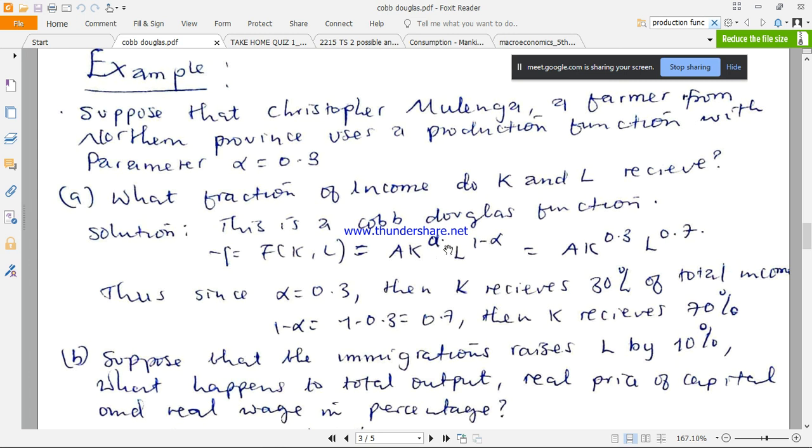In short, if you add the exponents, you must get 1. We've been told from the question that alpha is 0.3. So if alpha is 0.3, then 1 minus alpha should be 0.7. That is how I found 0.7, because 0.3 plus 0.7 is 1.